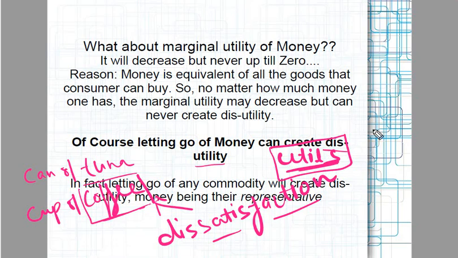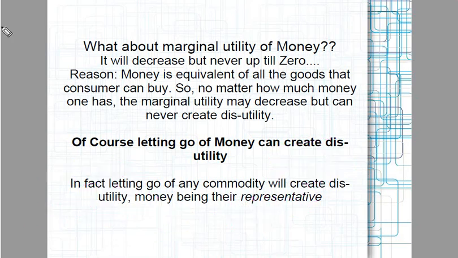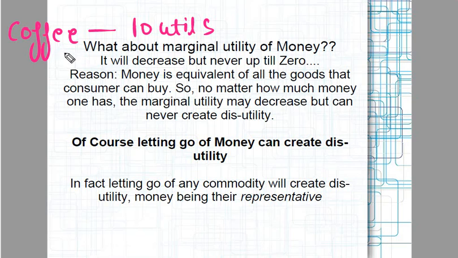So you're giving up money. How much would you give up to get coffee? We can think of it like this. Let's assume coffee gives us 10 utils. The price of coffee is $2.